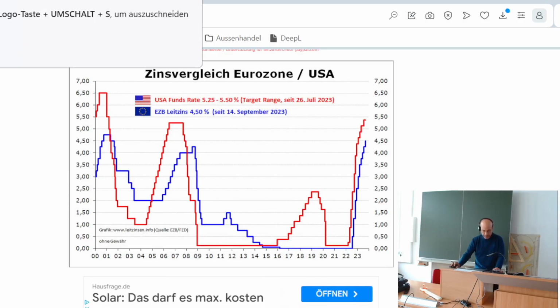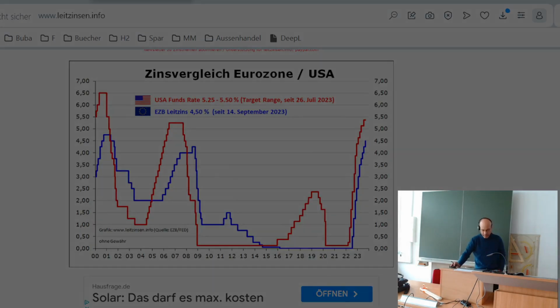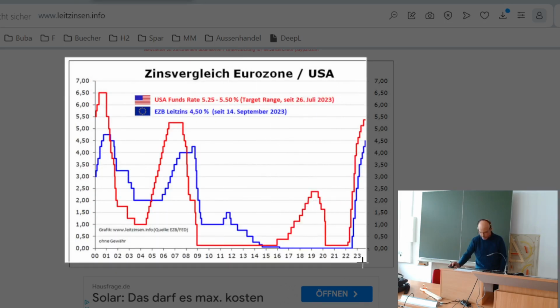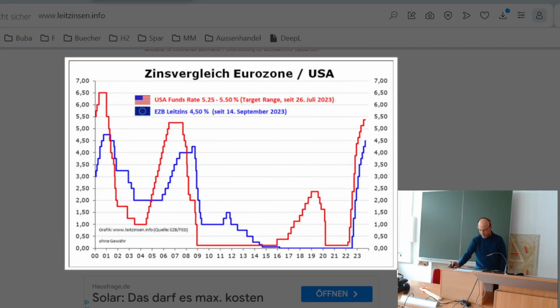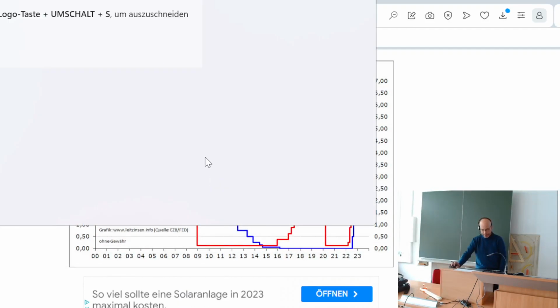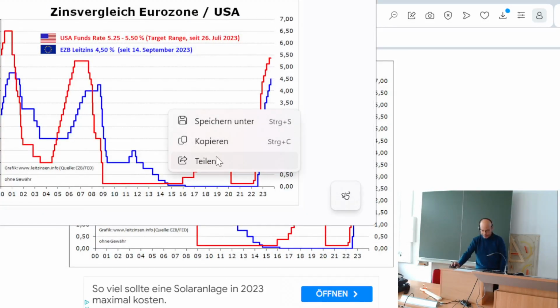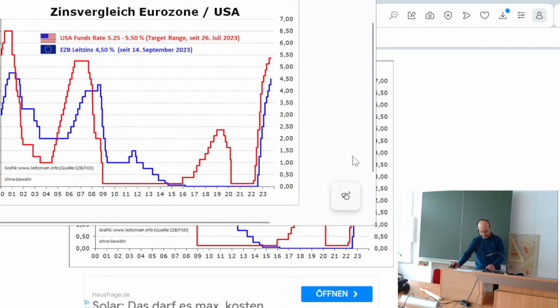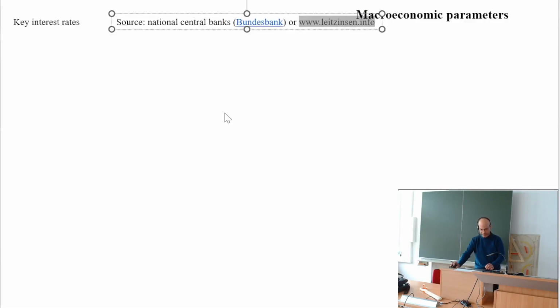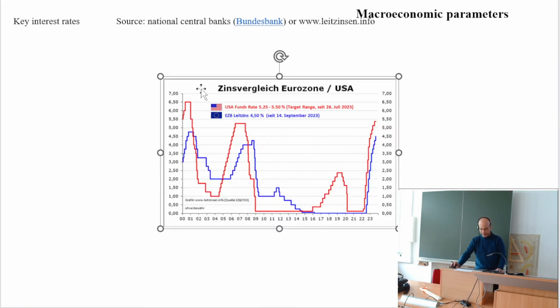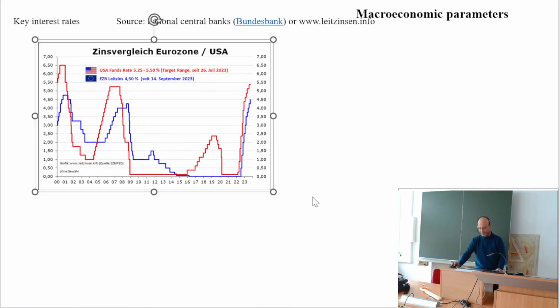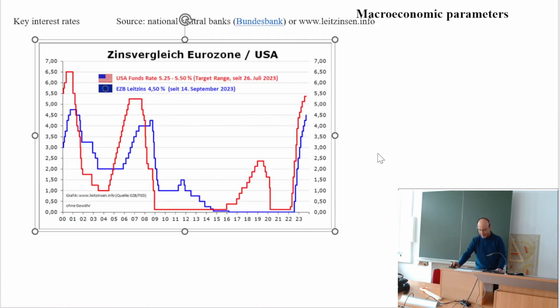Well, I told you, please try to create your own diagrams, but sometimes it's not that easy to get the data. And then for a term paper or for a presentation, of course, it is also possible to just copy and paste if the data is already presented the way you want to have it.